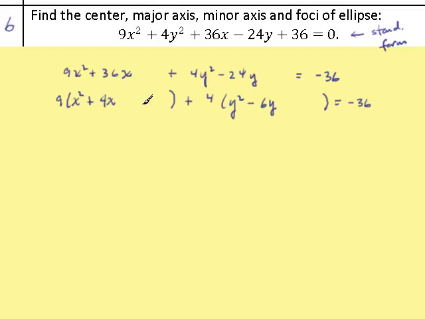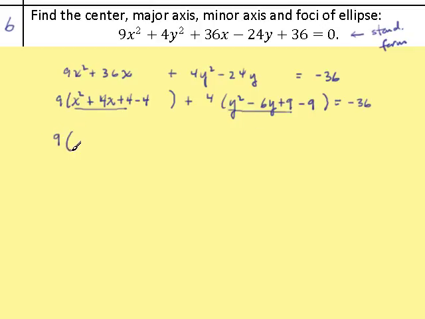Half of 4 is 2, squared is 4, so I'm going to add 4 and subtract 4. Because of this 9 out here, outside the parentheses, I'd rather do everything inside the parentheses. Add 4 and subtract 4 right inside the parentheses. And here, half of 6 is 3, squared is 9, so I'm going to add 9, subtract 9 right inside the parentheses, and write each as a perfect square.